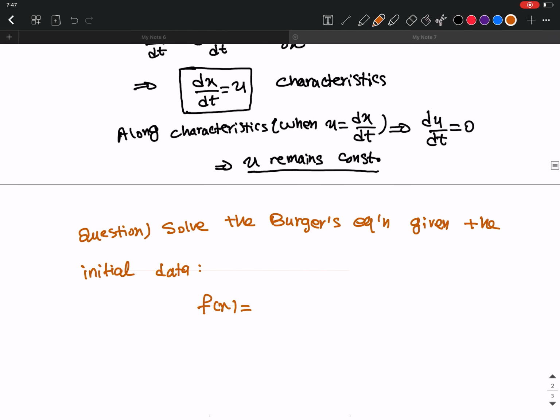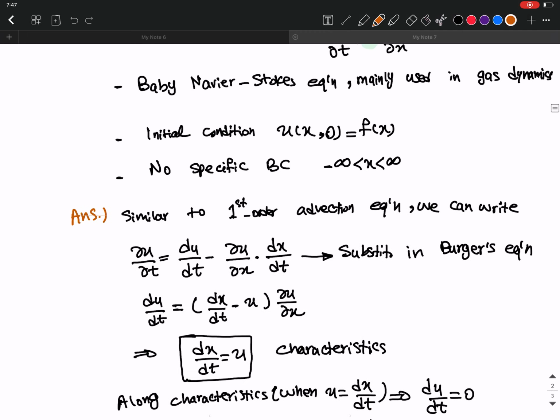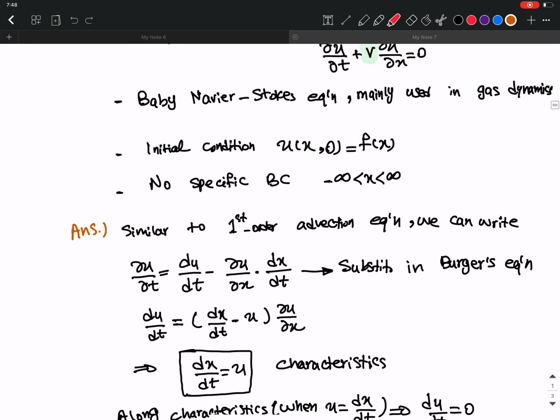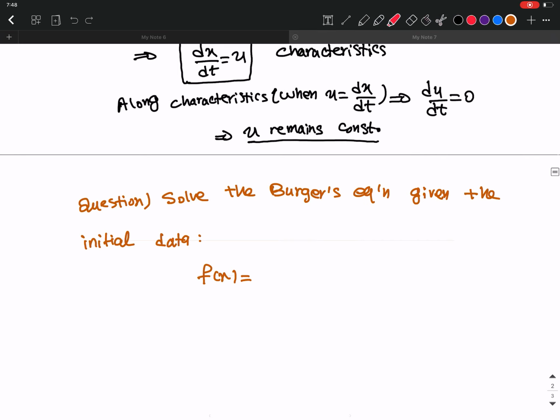So the initial data is given as f(x), right? Here, as I said, the initial data we can show as f(x), a general function of x, and here it is given in this problem as this.